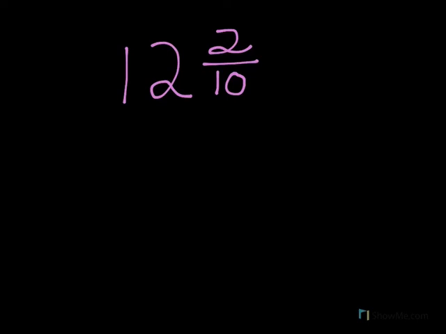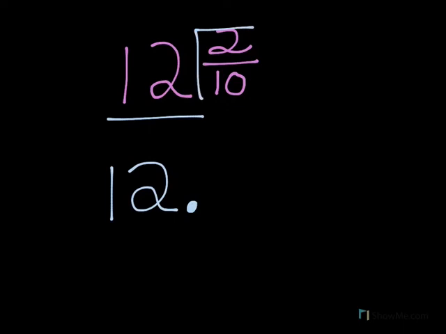Okay, in this example, we have 12 wholes. So I'm going to put a 12. I'm going to write my decimal point to separate my whole number from my fraction. This time, we have 2 tenths. So for our tenths, I just write a 2.